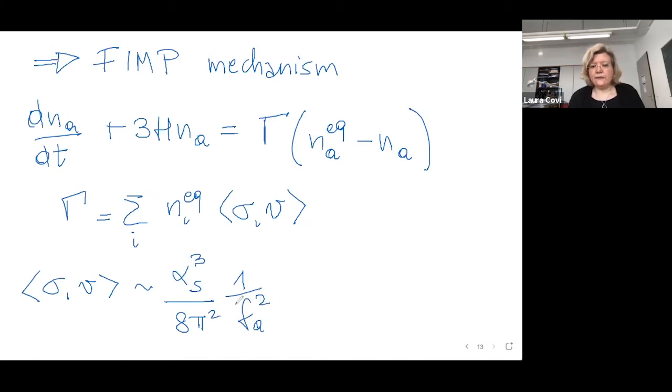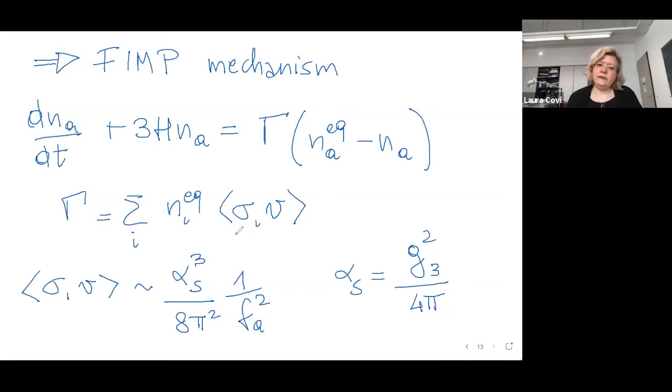And again, you have exactly the right dimension. And alpha_s, of course, here is nothing else than g squared divided by 4 pi. And you see, therefore, that depending on this coupling, you can have here stronger or weaker behavior.